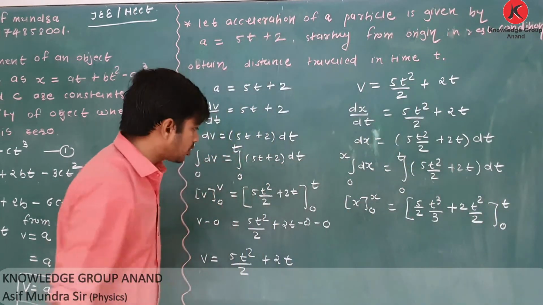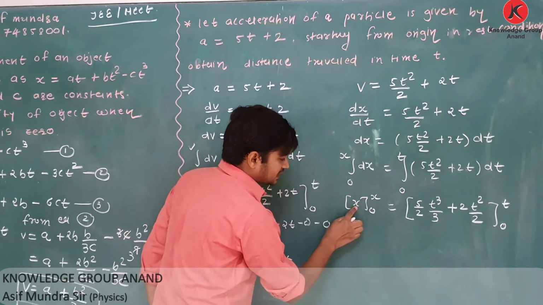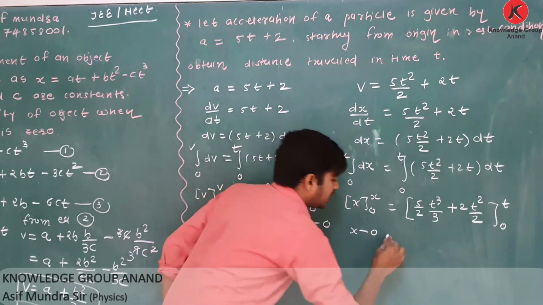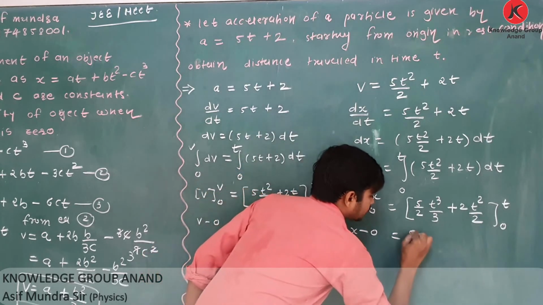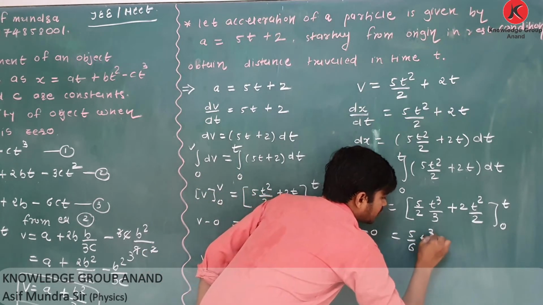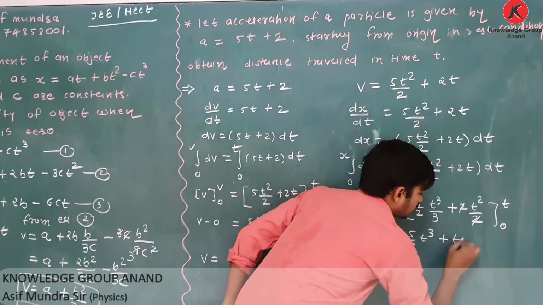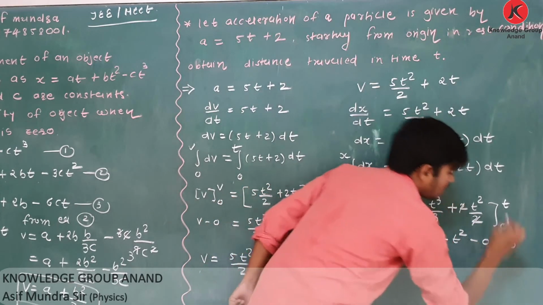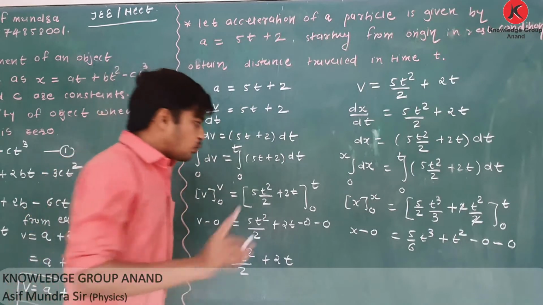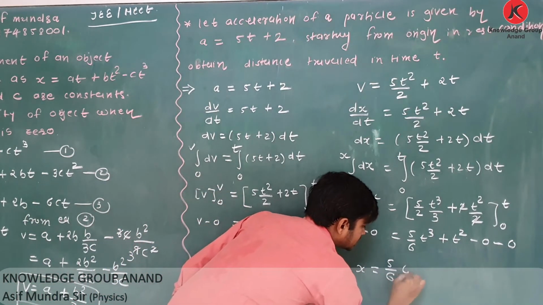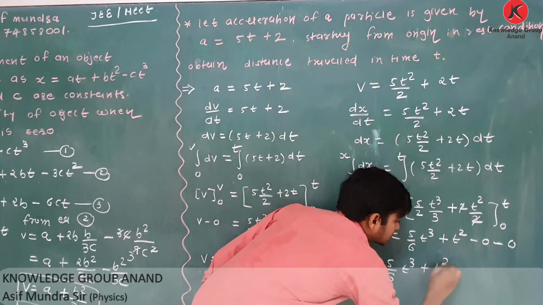Clear about this? Integration of dx is x. Put limit x minus 0, upper limit minus lower limit. This side it is 5 by 6 t cube plus, this 2 cut, 2 cut, then it is only t square, minus 0. Okay. So what is the equation of x? X is equal to 5 by 6 t cube plus t square.